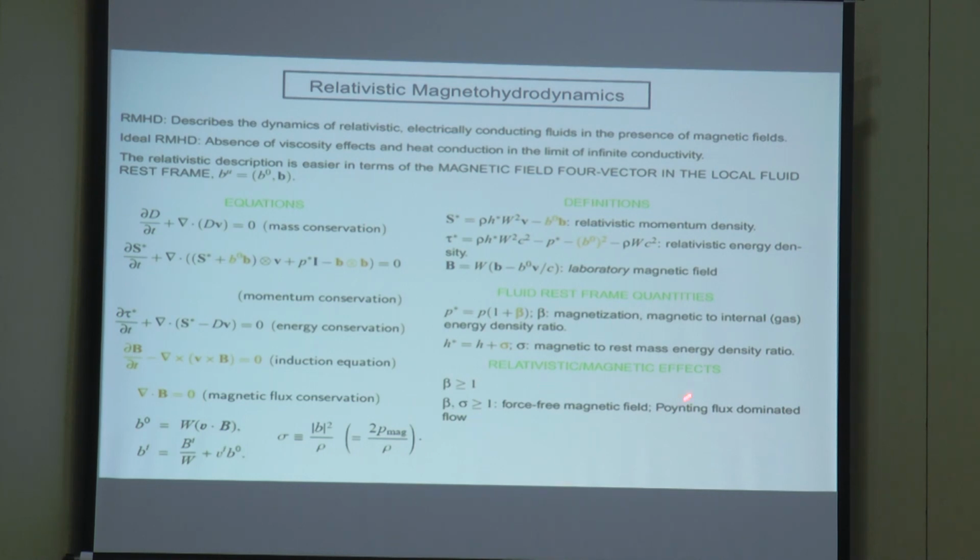The relativistic and magnetic effects come when beta is larger than 1, sigma is larger than 1, and also, in the purely hydro-relativistic case, when, as I said before, h, which is here, is larger than 1, and when the Lorentz factor is also larger than 1.